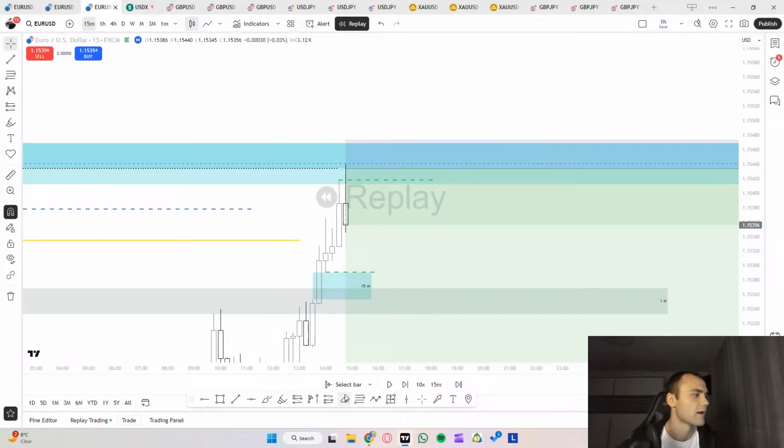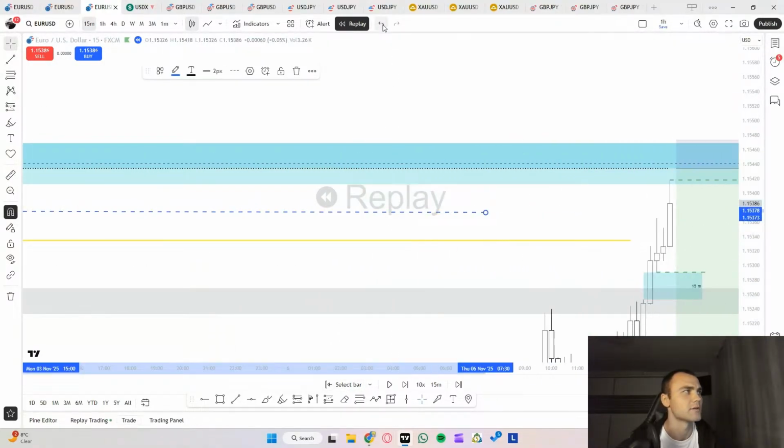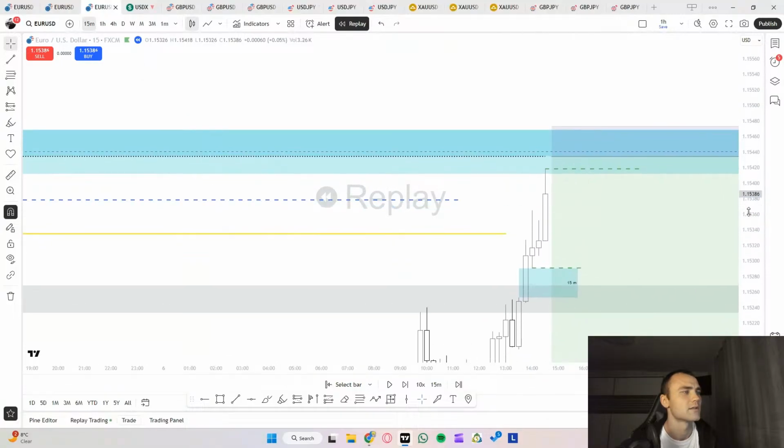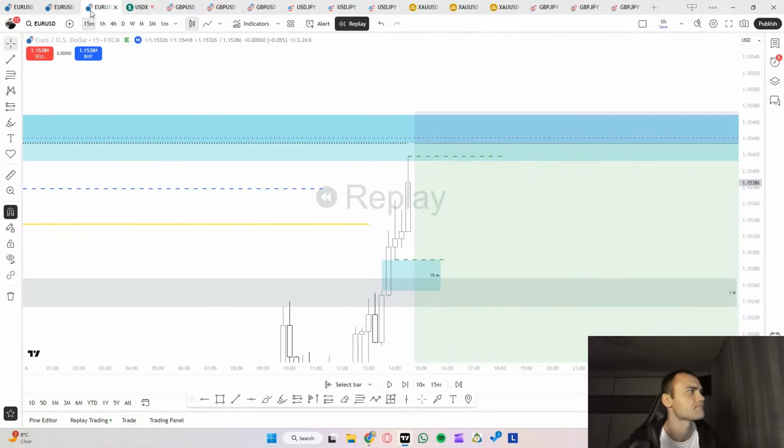I'd like to show you exactly how I played the trade, because there are two possibilities. One possibility was to see this rejection, basically enter here, target the imbalance, and do this. But everything was bullish at this moment.